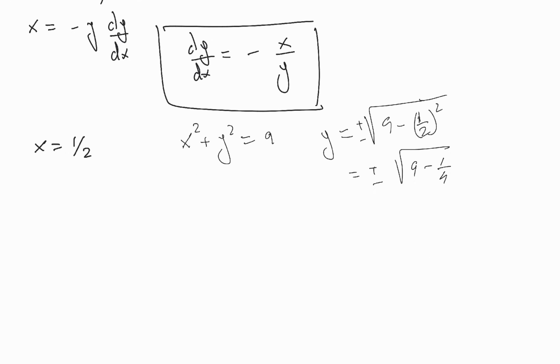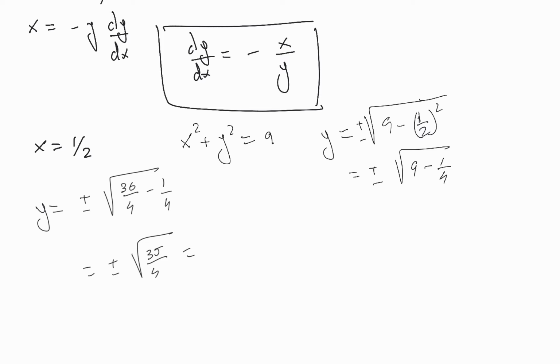So y is plus or minus the square root of 36 divided by 4 minus 1/4, or plus or minus the square root of 35 divided by 4.